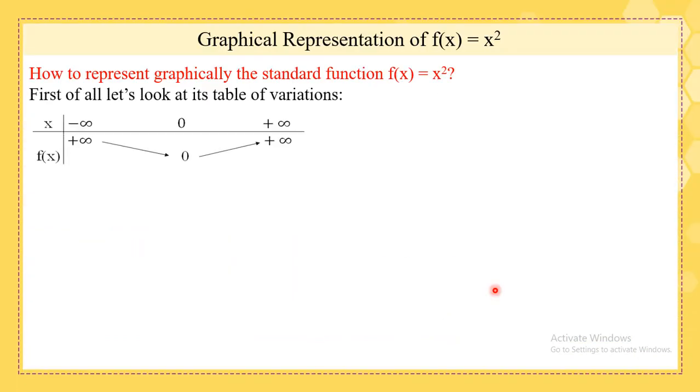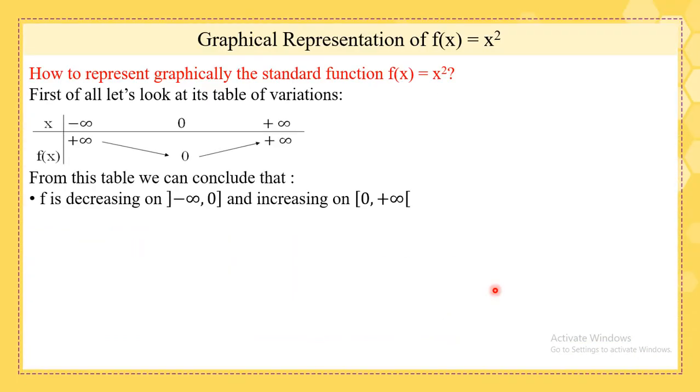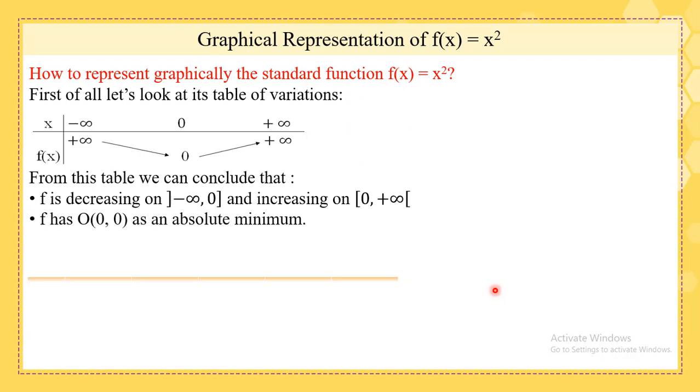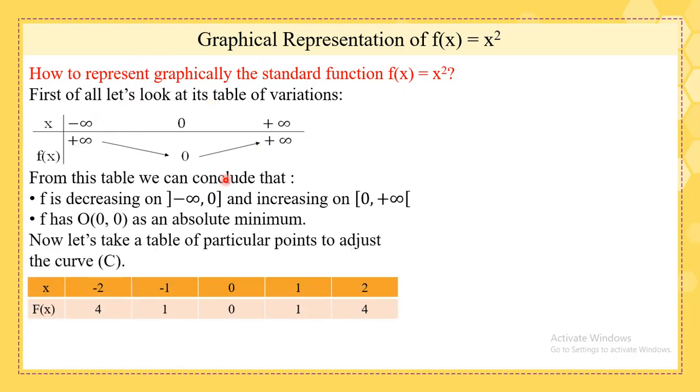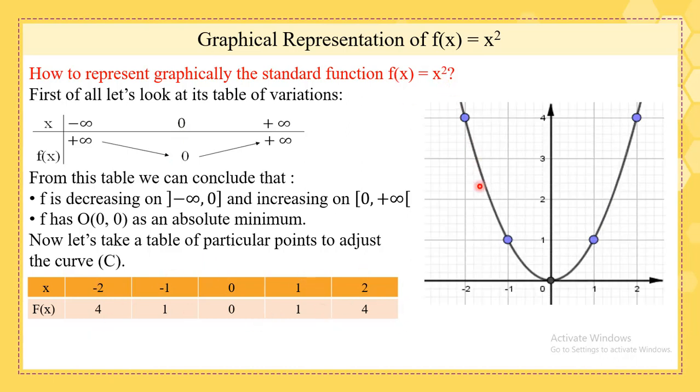Now we have to draw the curve representing x squared. We know that this curve admits an absolute minimum at the point O(0, 0). These are some particular points belonging to the curve, and this is the curve representing f of x equals x squared.